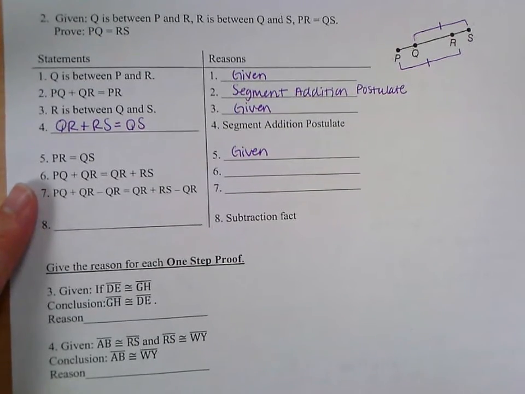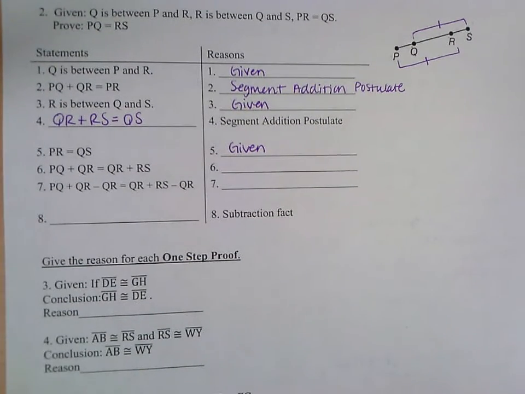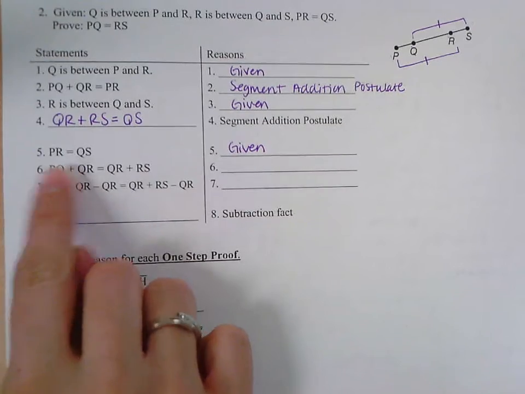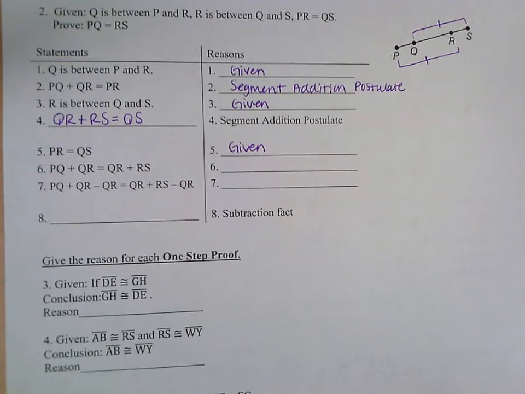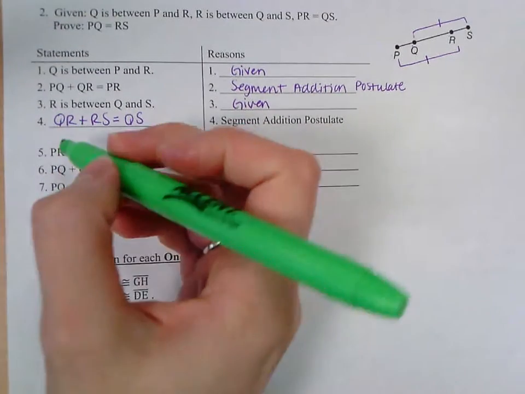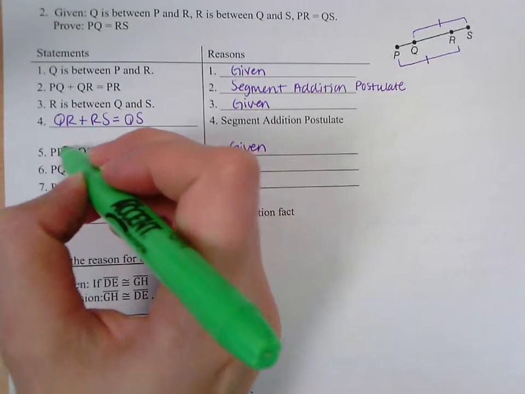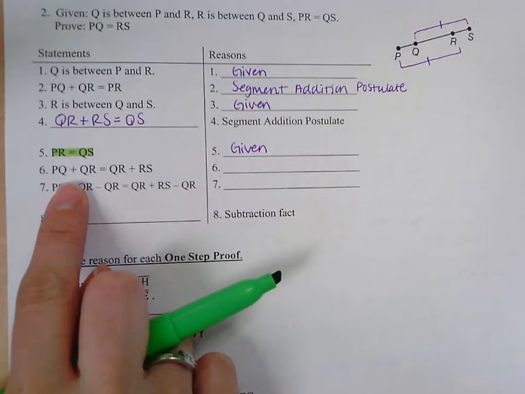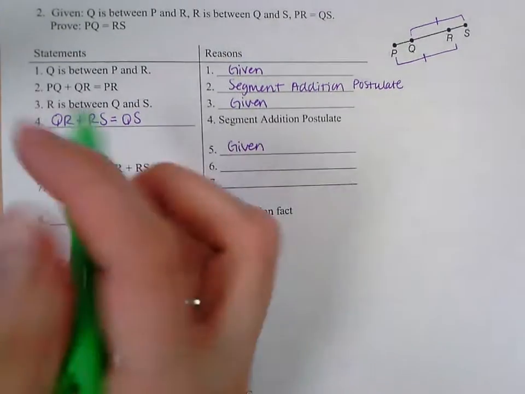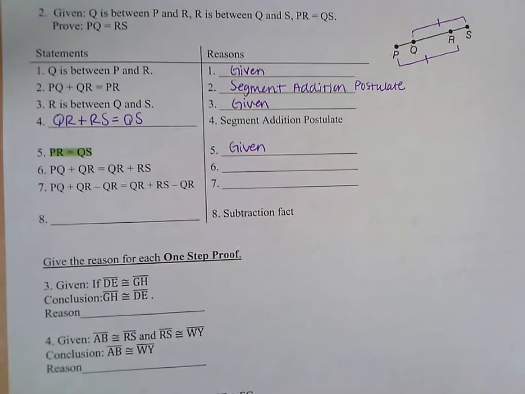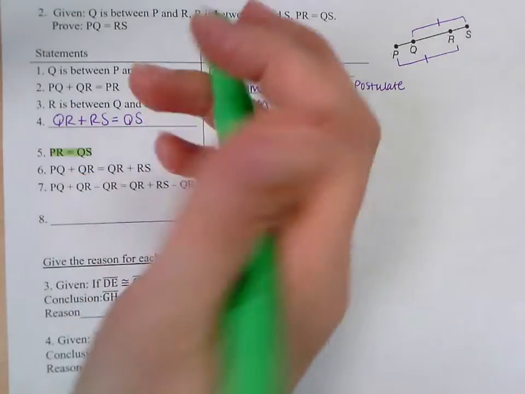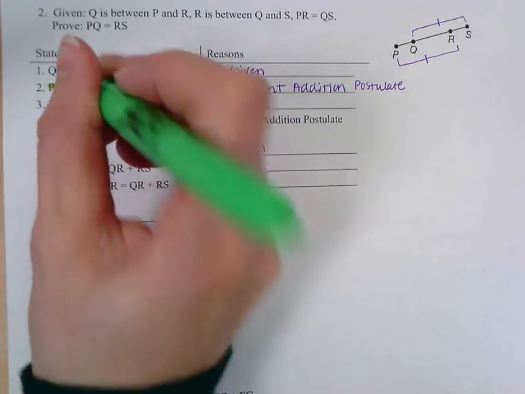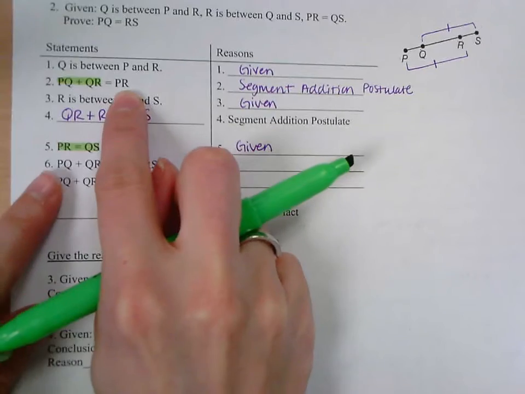I'll show you, I'll highlight some things here. Because again, chances are you're using the lines that are above. We have that PR is equal to QS. That's what we said in line 5, and then we jump to line 6. If you look back at lines 2 and 4, 2 is saying that PQ plus QR is equal to PR.